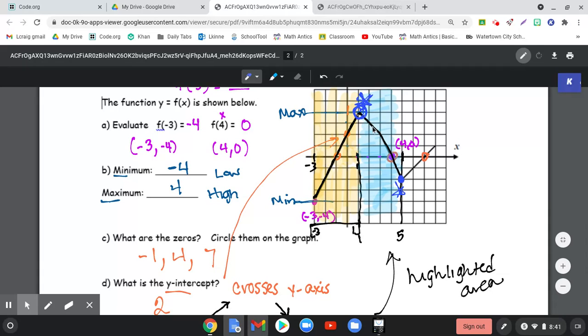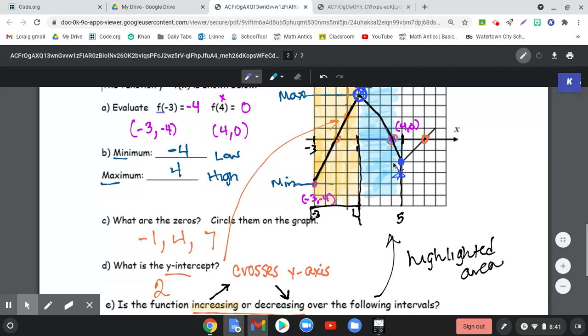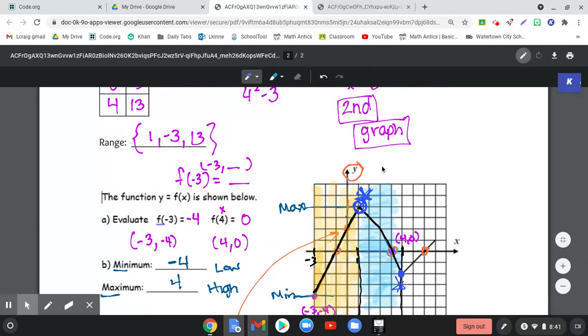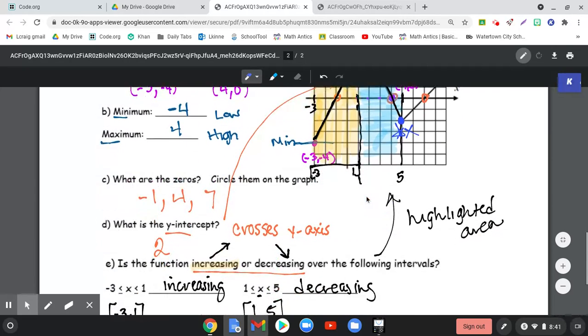This is not a turning point because it's still going down. It just speeds up. It actually has to turn that corner. So there are 2 turning points. Oh, it said mark with an X. I put a star. So we'll put an X. X marks the turning point.